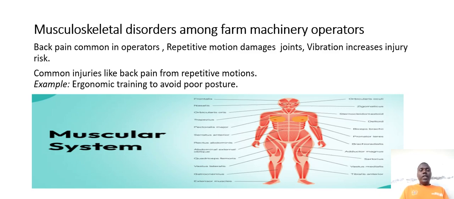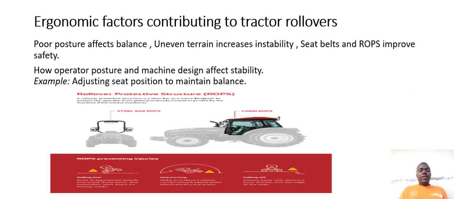Common injuries like back pain from repetitive motions, for example, ergonomic training to avoid poor posture. In that picture we have the muscles of the person. When we do heavy work, it can cause damage to those muscles. That's the muscular system of the person. Continue with another slide.